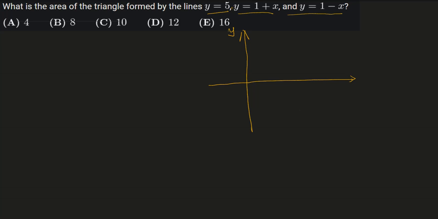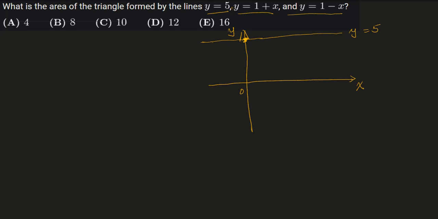Alright, let's say this is the x-axis, this is the y-axis, and this is 0, right? So let's assume that's 5. And we'll draw a line here. This is 5, right? This line is y equals 5.